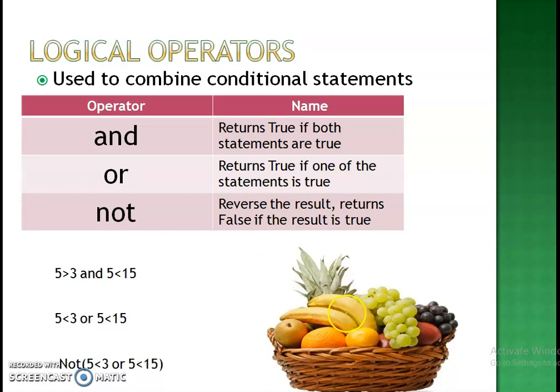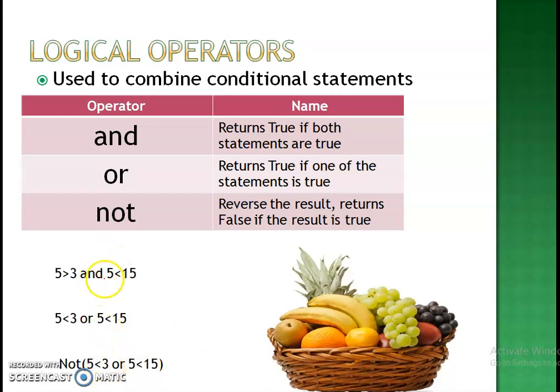For the OR operator, when I say this basket contains banana or jackfruit, the first condition is true, so it returns true. Then the NOT: when we say the value is false, NOT returns true.